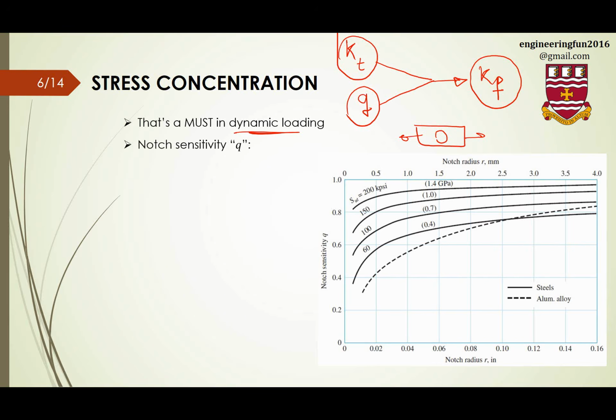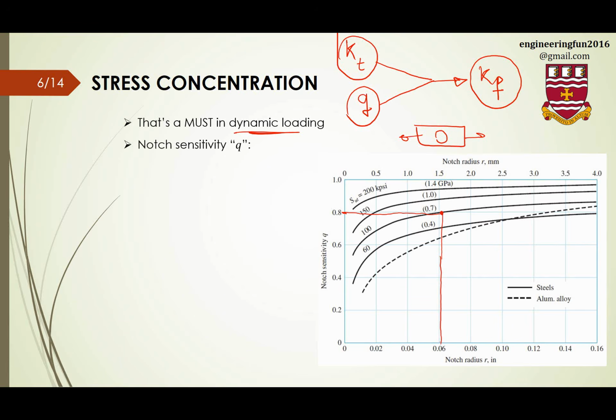Based on the unit of the problem, if it's imperial, for example, if the radius of that hole is 0.06 inches, I'm at this point, so I draw a straight line, and if the SUT of the material is, for example, 100 kpsi, I find the intersect, which is this point. Then I read the number on the y axis. This is notch sensitivity, and for this case, it is 80%.